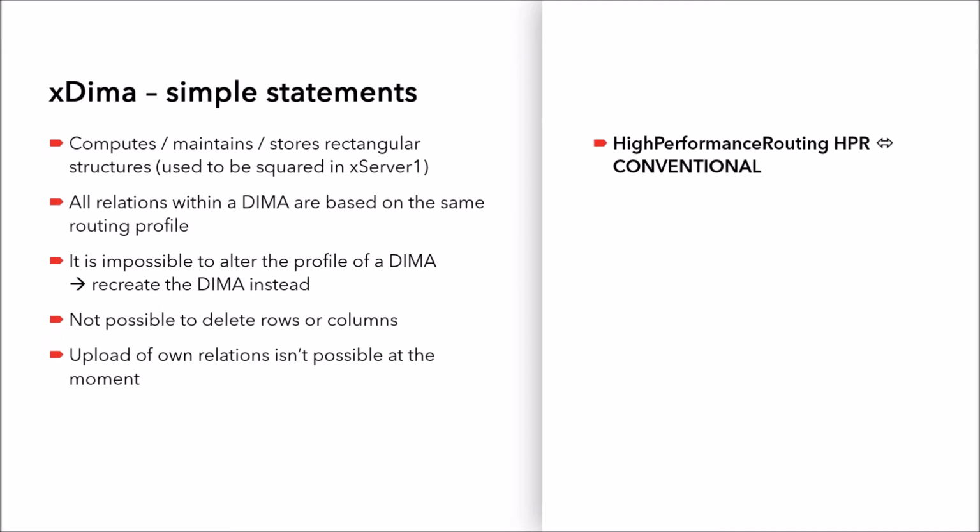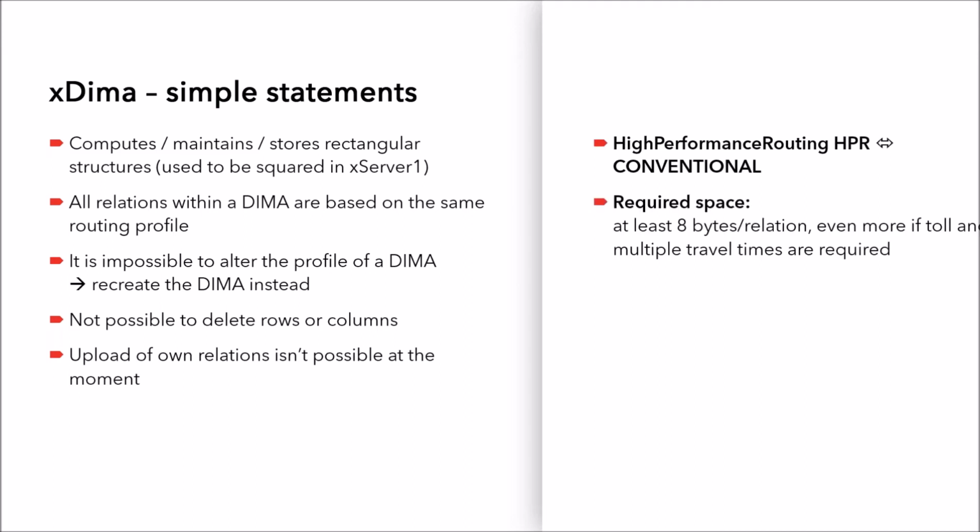Be aware of the difference between high performance routing and conventional routing. Just a side note, a single relation requires 8 bytes of space on the disk, and it could be even more than 8 bytes if you ask for more data, for example, toll or multiple travel times.